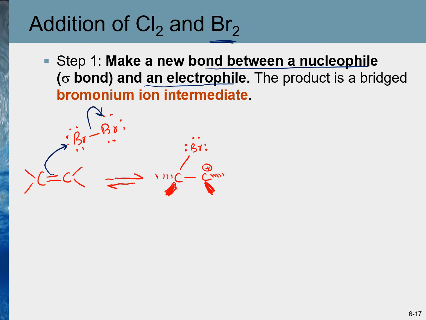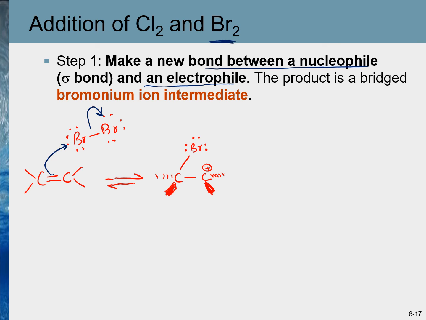Now remember, after the pi bond is broken down, these carbons have a tetrahedral geometry now. So therefore we represent the tetrahedral geometry with these wedges and dashed bonds.